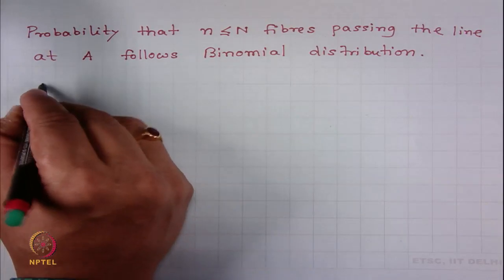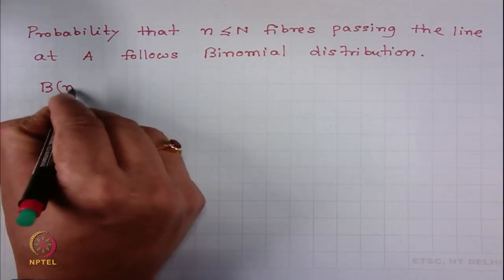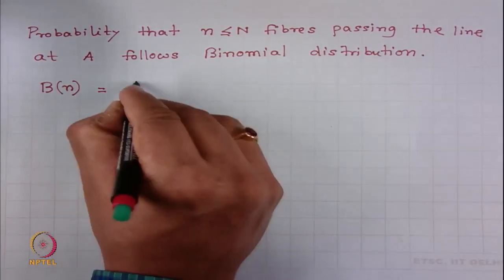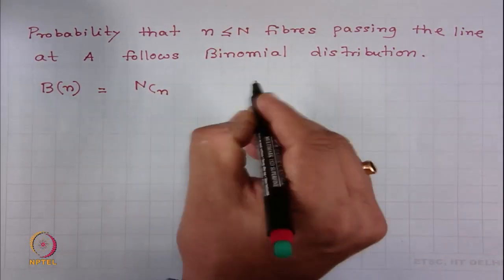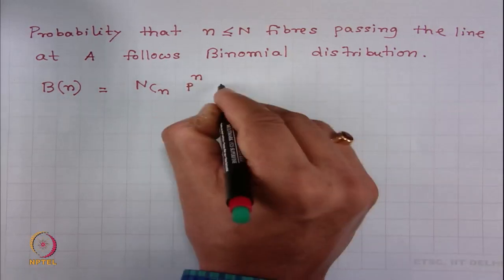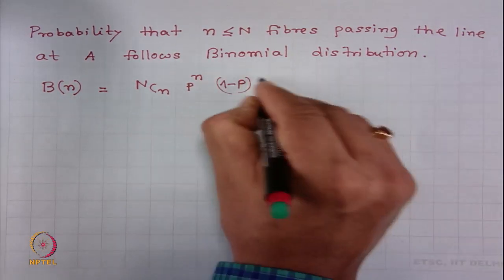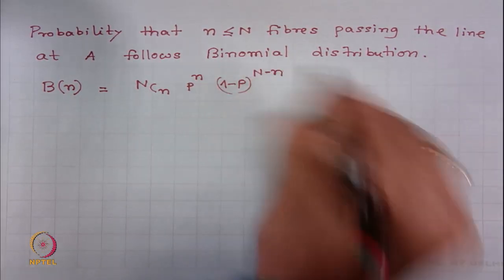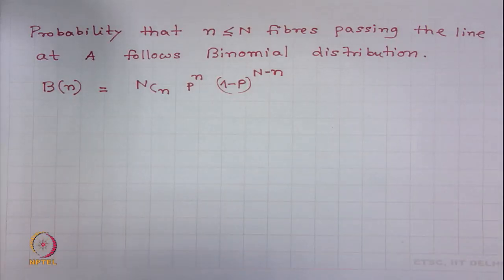For this binomial distribution, the probability is capital N C n, probability to the power n, failure to the power capital N minus n, right.